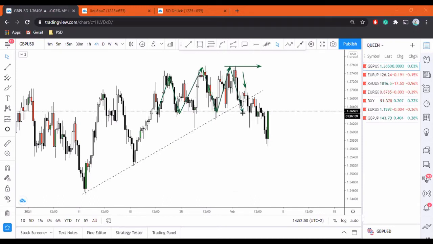But when price came to the trend line again, it gave you a new high here. It failed to go to the high, to our resistance. Then, like I said yesterday, the moment price fails to go to your previous high, and it creates a new high, then that means price is pushing lower.